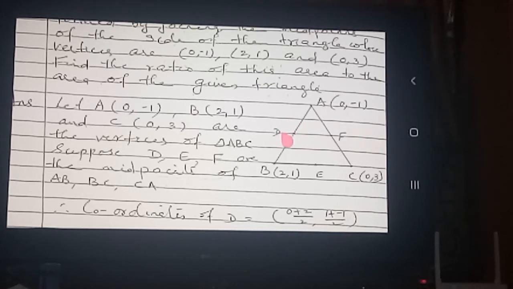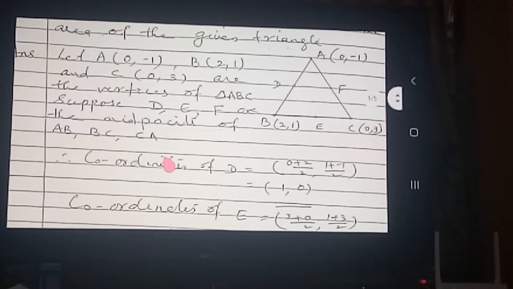Apply the midpoint formula. D is the midpoint of which line segment? AB. Therefore (0 plus 2) by 2 comma y coordinate (-1 plus 1) by 2. You should write the formula for all of these, otherwise they will cut 1 mark.